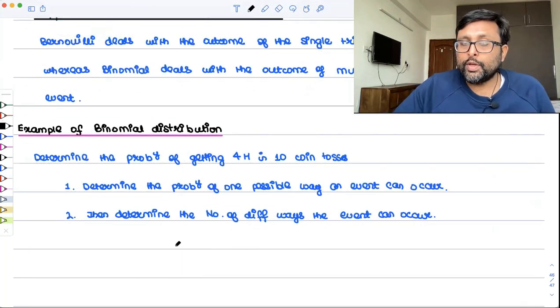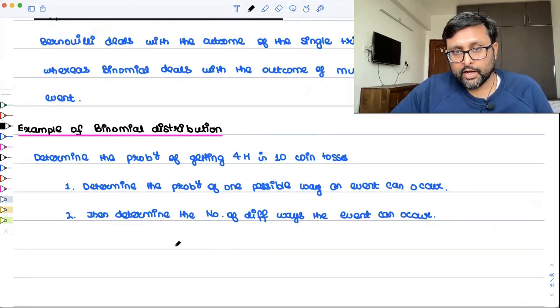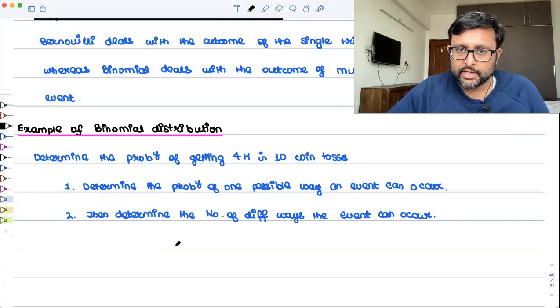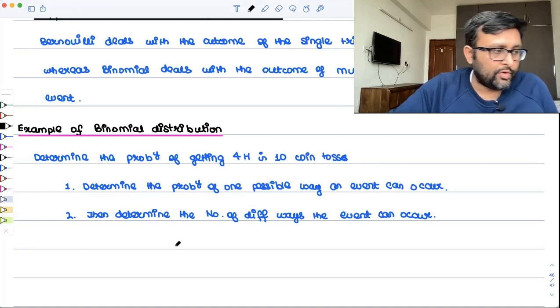So here we are interested in finding out the probability of getting 4 heads in 10 coin tosses. The first thing is that we are going to determine the probability of one possible way that this event can occur. And then we are going to determine the number of different ways in which this event can occur, right? That is what we are interested in.